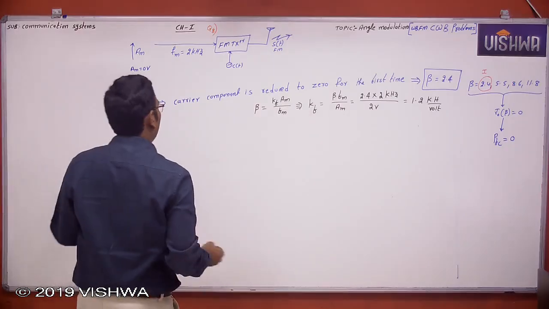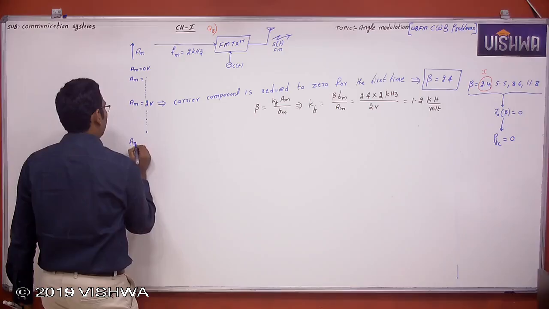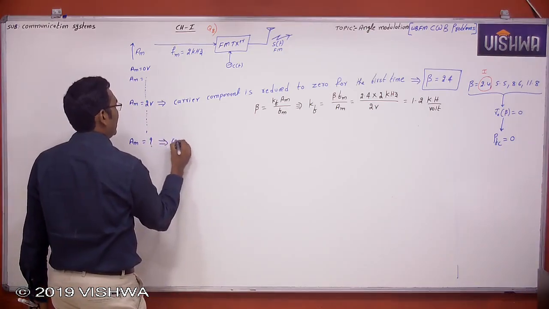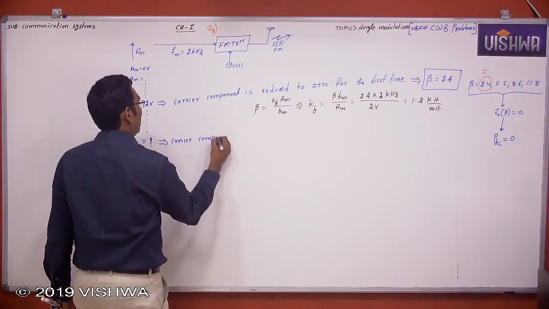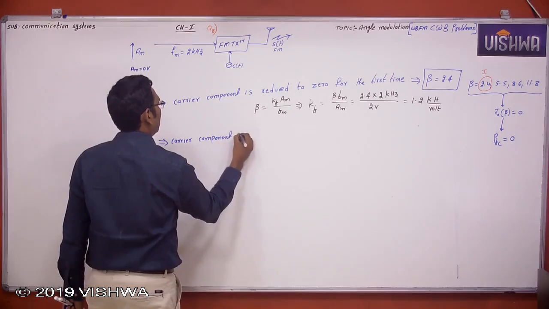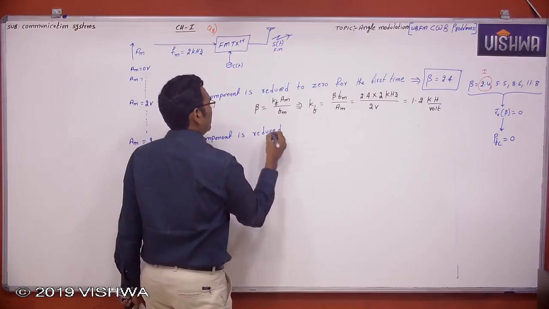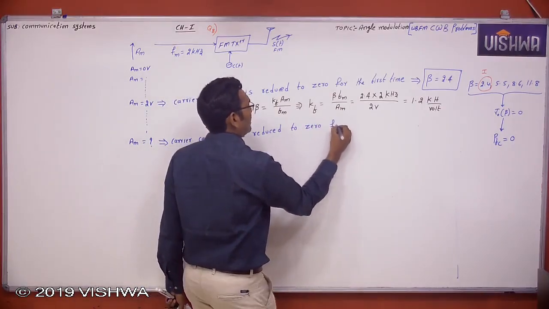Now again Am is increasing, but this time we missed seeing the Am value. The carrier component is reduced to 0 for the second time.